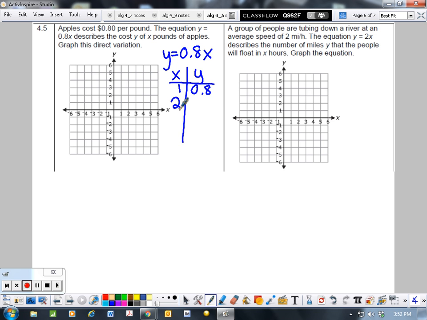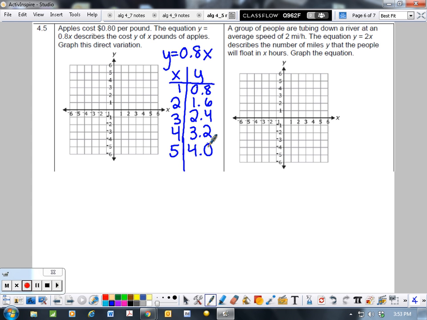Well, if x is 2, what's y going to be? 1.6. If x is 3, what's y going to be? 2.4. If x is 4, what's y going to be? 3.2. If x is 5, what's y going to be? 4.